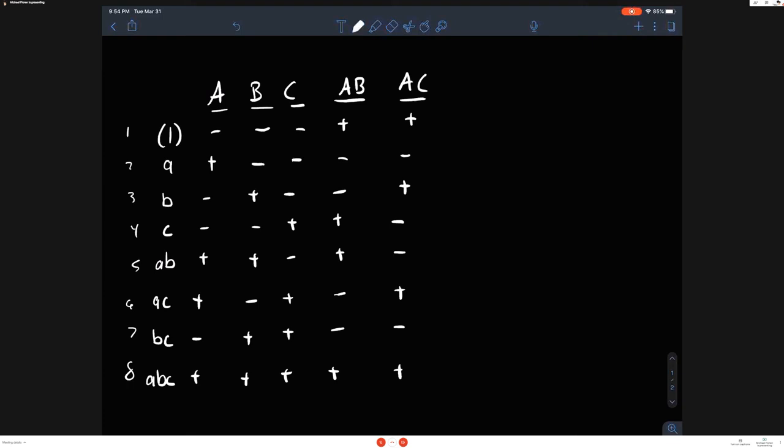So now we can go on to BC. So I'm going to be multiplying B times C together, and you can pause this and give it a shot on your own if you want, and then play. Minus, minus, minus, minus, plus, plus, and then our last interaction effect is the three-way interaction effect, A, B, and C. A minus times a minus times a minus is a minus. Plus, minus, minus is plus.